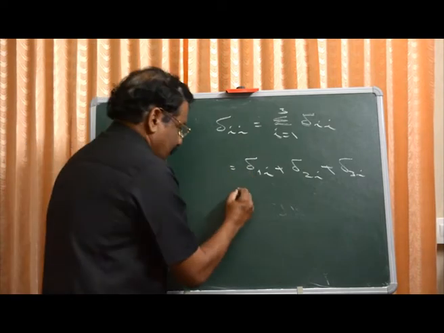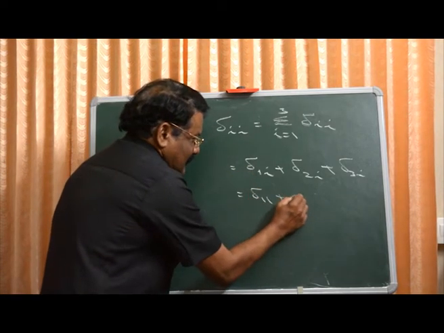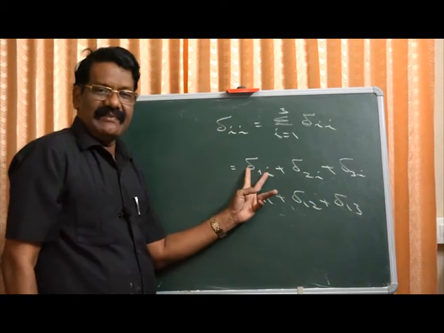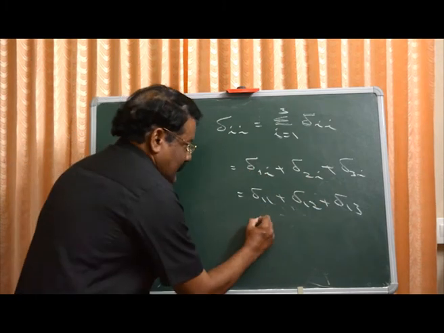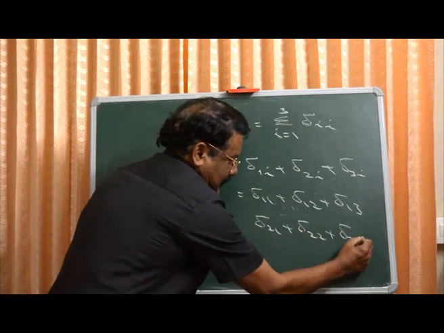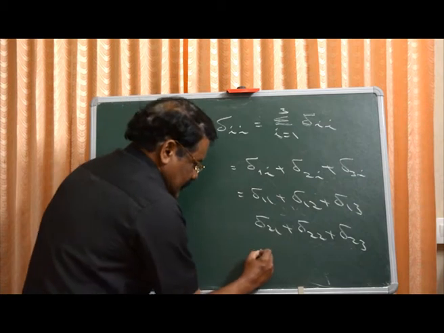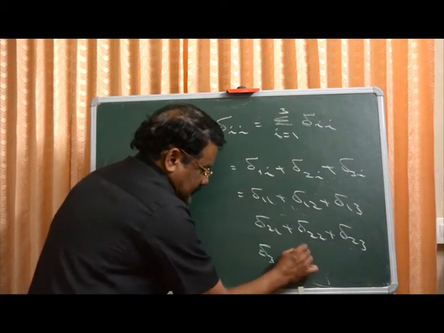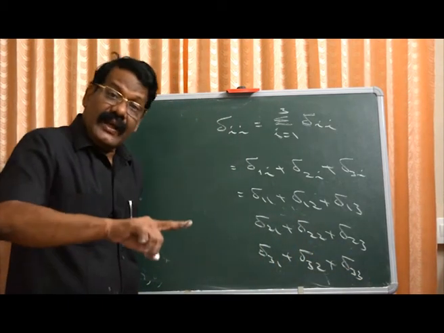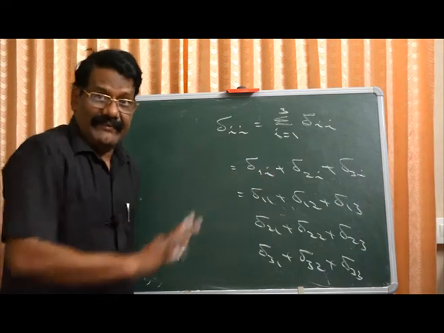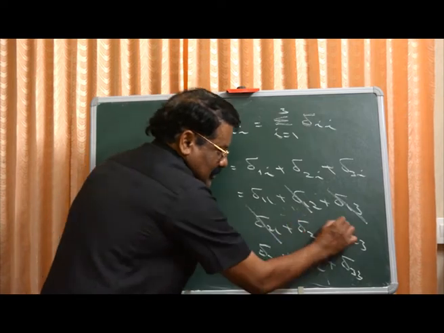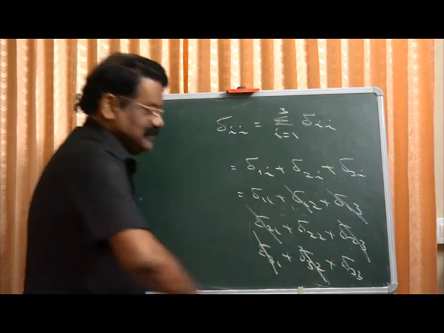That is, delta 1,1 plus delta 1,2 plus delta 1,3, plus delta 2,1 plus delta 2,2 plus delta 2,3, plus delta 3,1 plus delta 3,2 plus delta 3,3. When i is not equal to j, the Kronecker delta will vanish. So 0, 0, 0, 0, 0, 0.